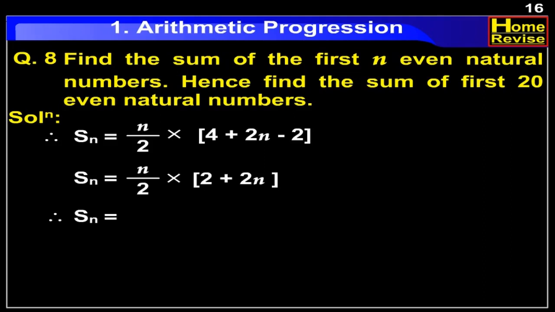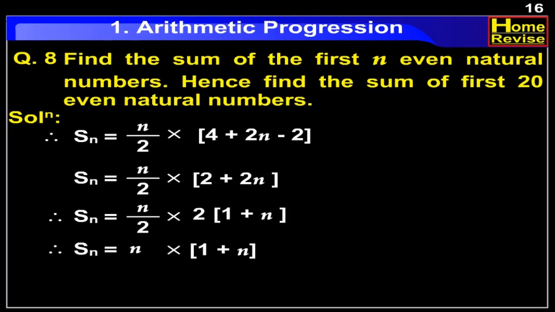Therefore, Sn is equal to n upon 2 into 2 in bracket 1 plus n. Therefore, Sn is equal to n into 1 plus n. Sn is equal to n plus n square.